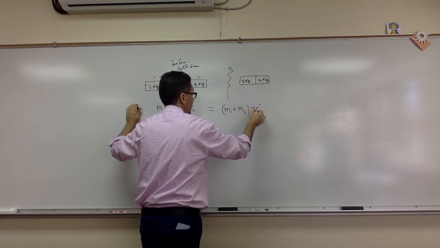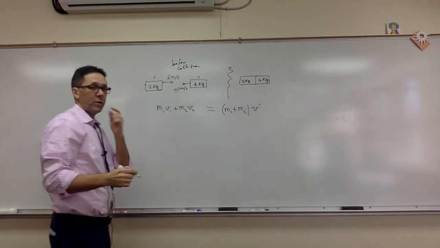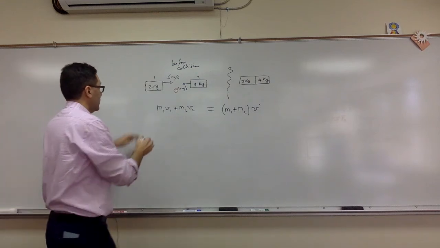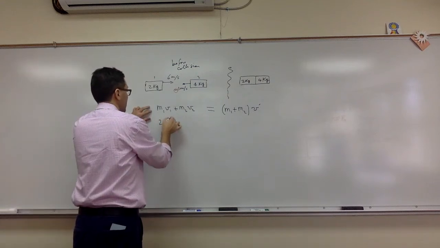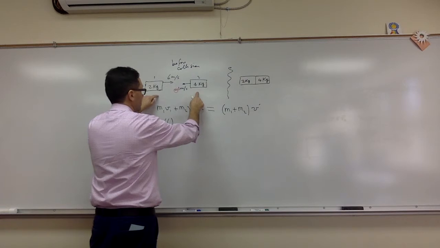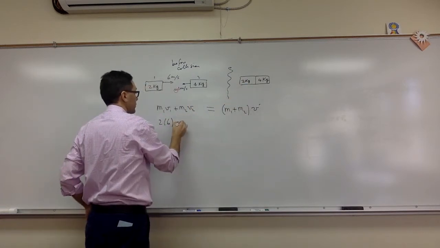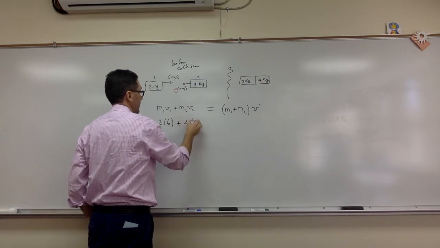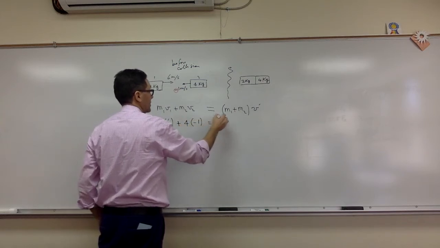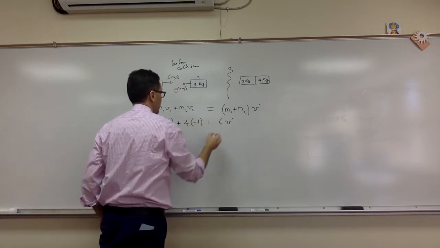And I can call it V12 or just V prime. Okay, so this one is going to be 2 times 6. Here I started with 2, I have 2 terms. Here I ended up with 1, I have 1 term. Plus 4 times negative 1 equals 6 times V prime.